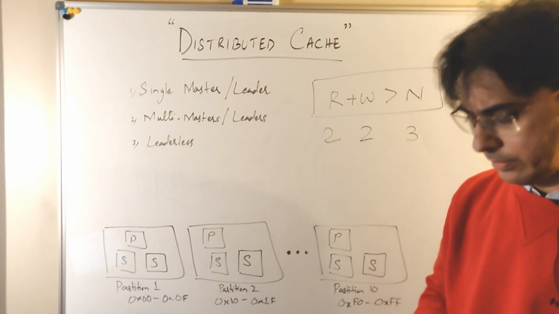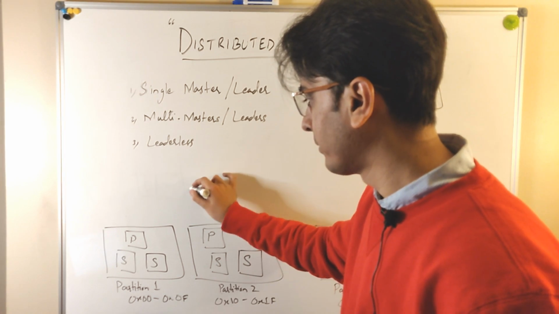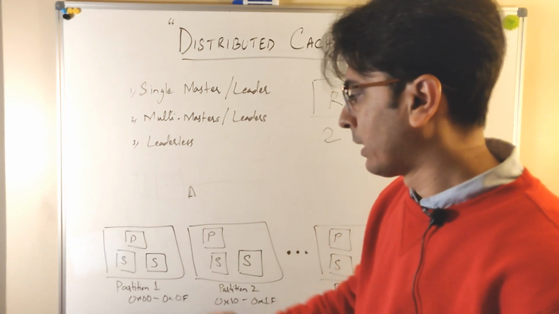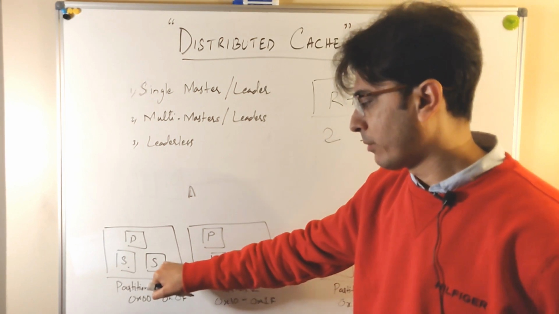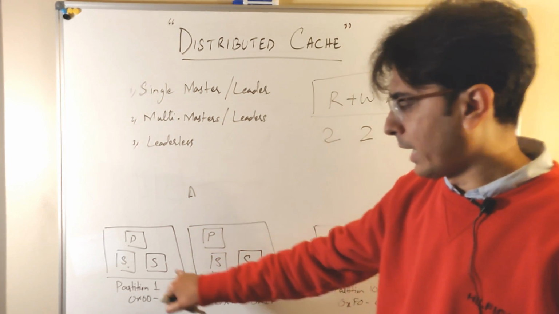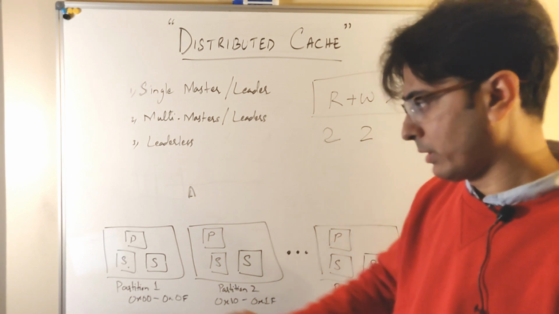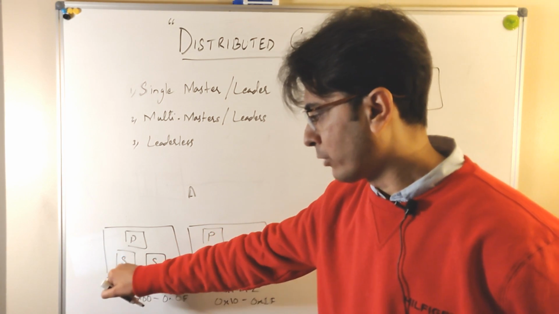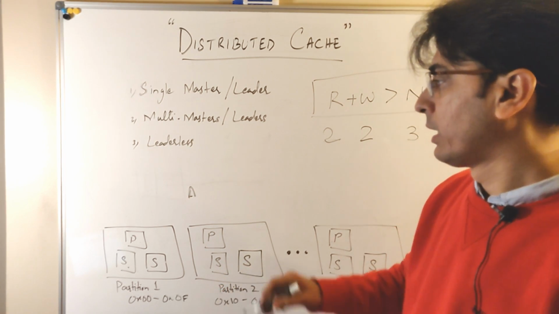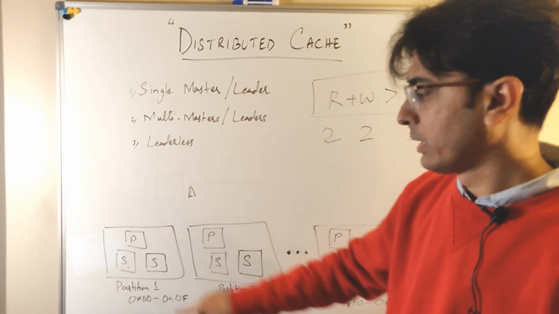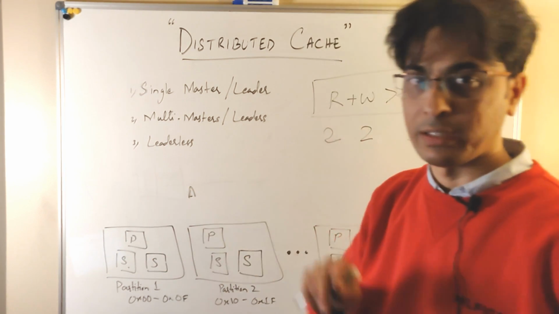Let's see an example. Let's suppose a write happened for a key A. The primary was able to write here and here, but somehow the write to this server got delayed. But since the primary was able to write to these 2 servers, the write was marked as successful. Now when a read request comes, the read needs to go to at least 2 of the servers.